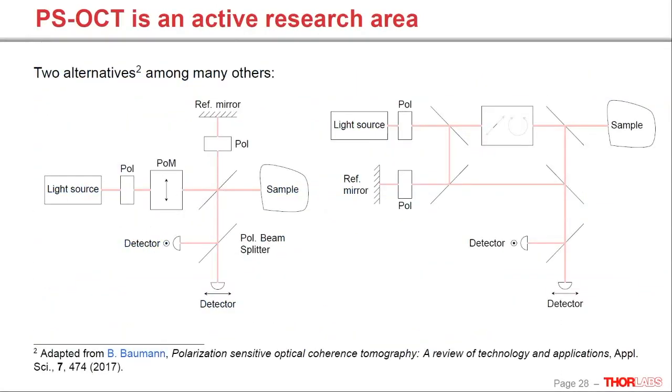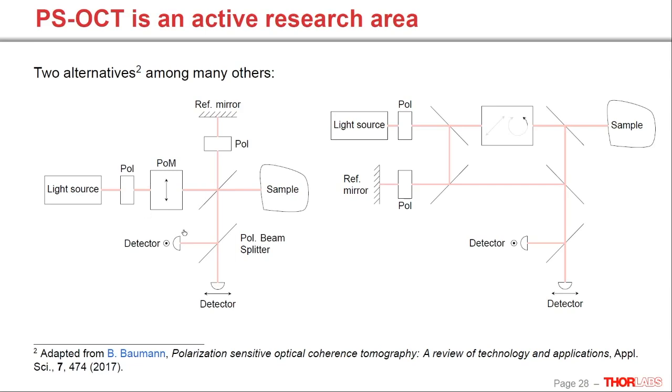Let me mention just two of them in which they obtain even more information from the sample. Of course, they all use a light source, a sample, and a range of detectors that allows them to distinguish between both polarization states. But the difference is that they use more than one illumination state for the incident light.